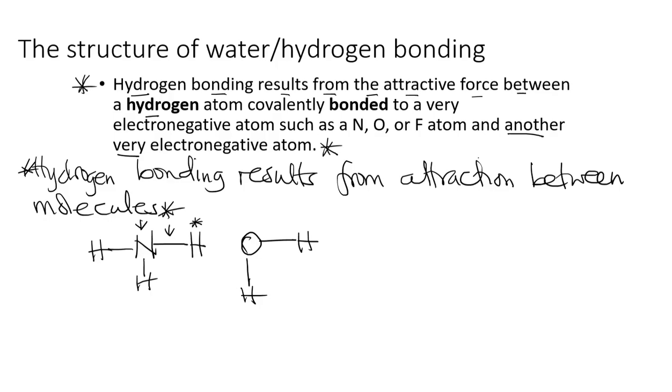And another very electronegative atom. So this is another very electronegative atom. So hydrogen bond will form between these two. It's not a complete chemical bond. It's kind of like a physical bond, because the two molecules are not actually touching, they are just attracting each other.